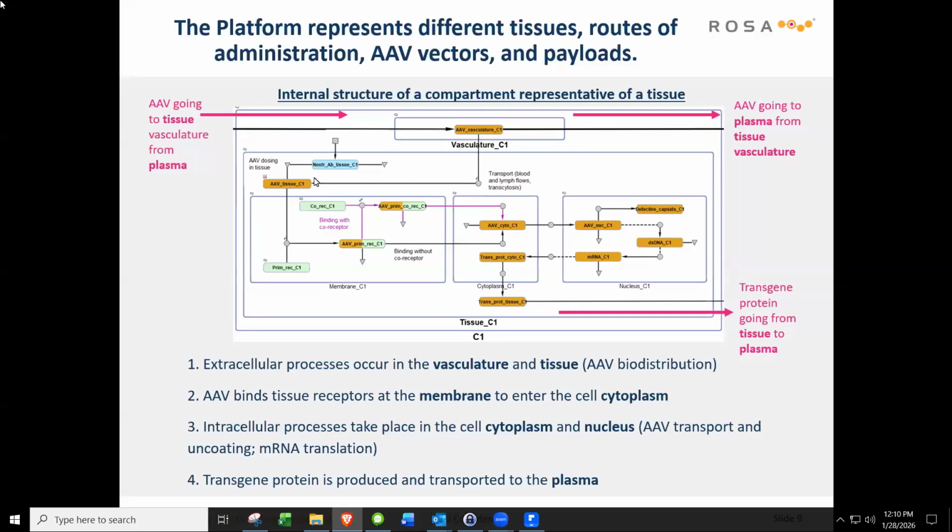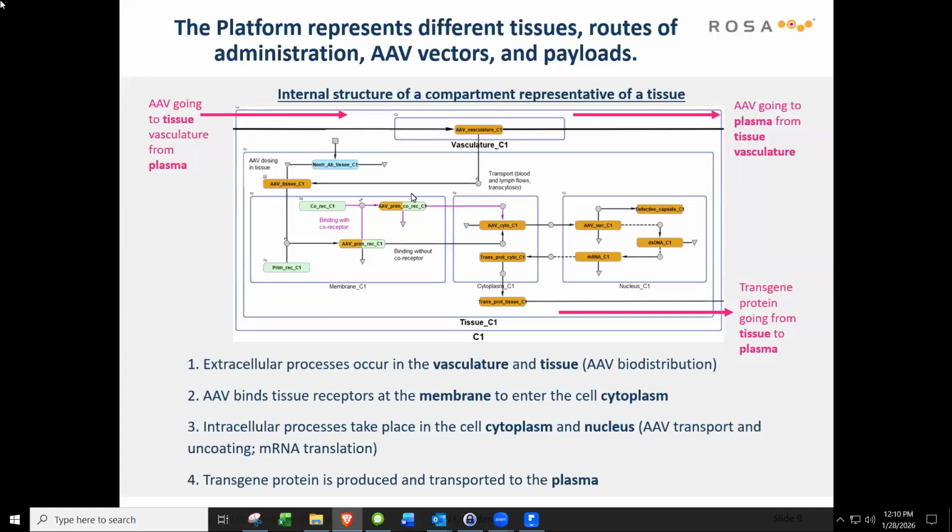Now, the AAV that remains in the tissue vasculature enters the tissue and goes to the cells, which of course have a membrane. The binding of this AAV to receptors is represented in the compartment on the left that represents the membrane of all cells in that tissue.